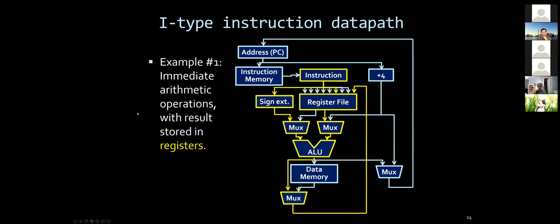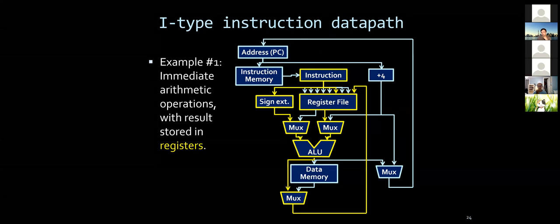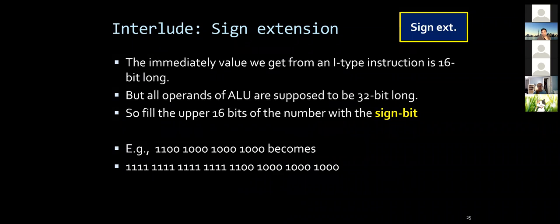So this is a case of arithmetic instructions that deal with constants. So what does the sign extension unit do? Remember, the immediate value we get from an I-type instruction is 16 bits long. Why is it 16 bits long? Well, I don't have more space, right? My whole instruction is 32 bits.